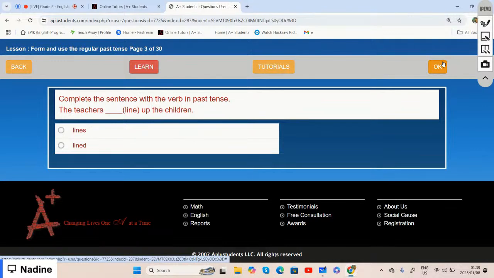Yes, well done. And if we were to choose the correct option, then yes, we can say the teachers lined. Well done. We just added D or ED. Lined up the children. Well done.